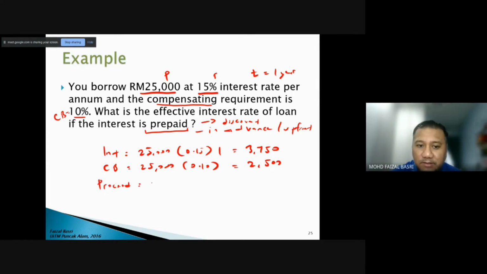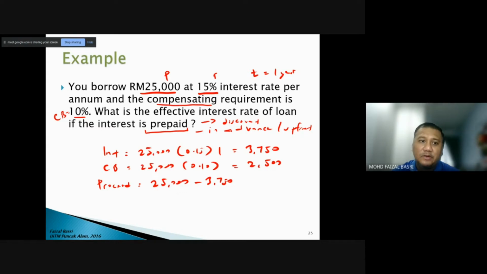The amount or the principal is 25,000. This is a discount interest, meaning you have to pay the interest upfront, so we have to minus the interest here, 3,750. That's number one. And secondly, we have the CB requirement as well.